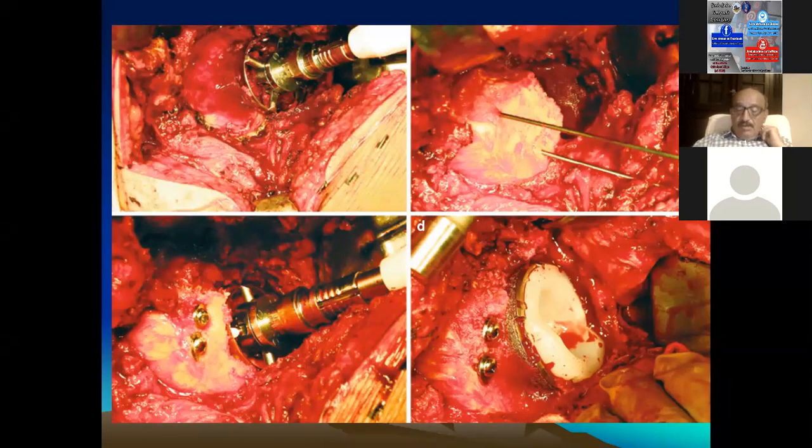The cup will be stable then. So this technique also needs at least 50% of contact between the shell and the host bone.